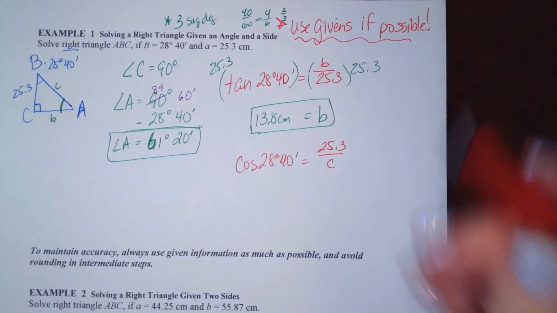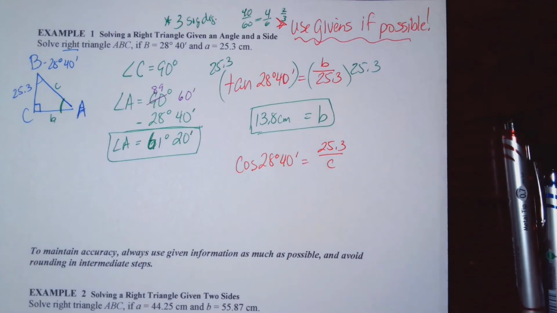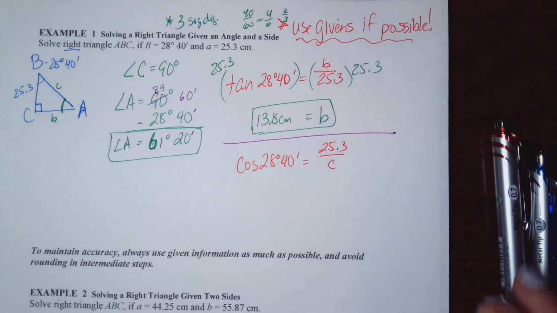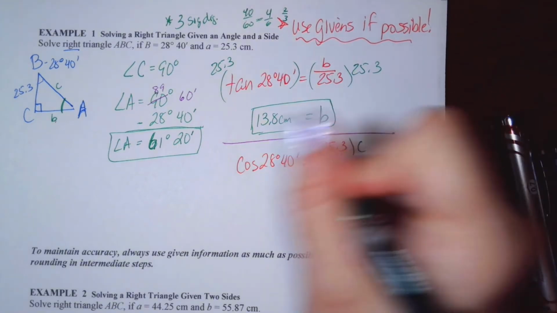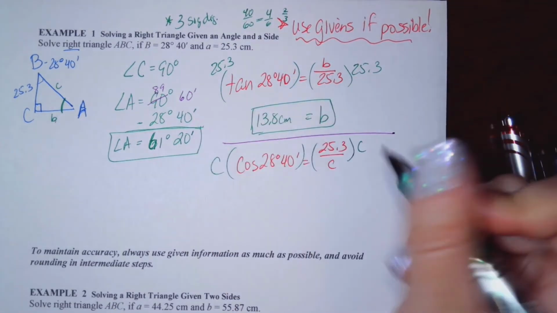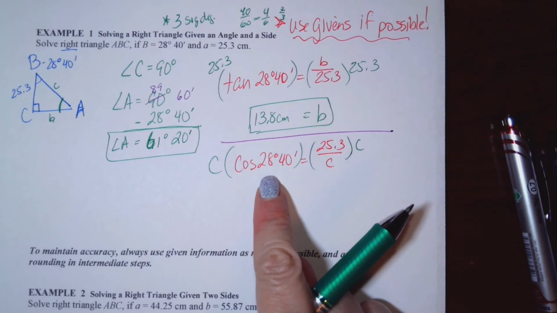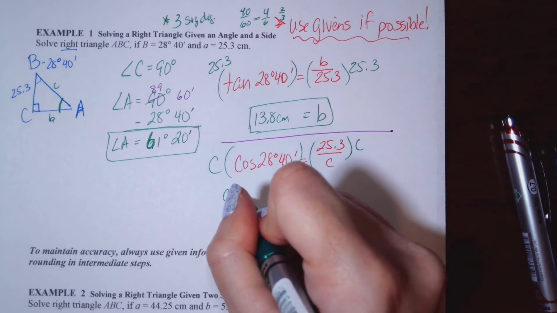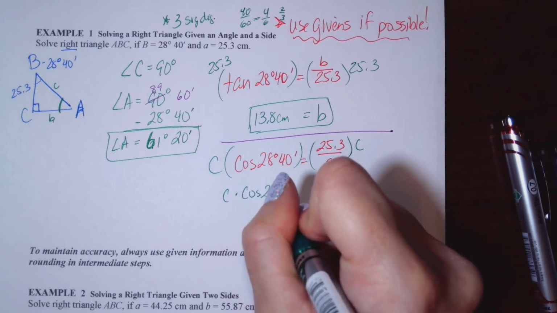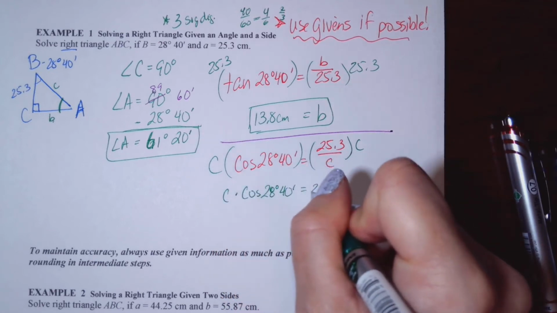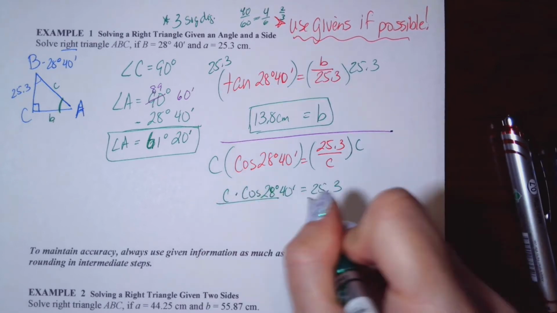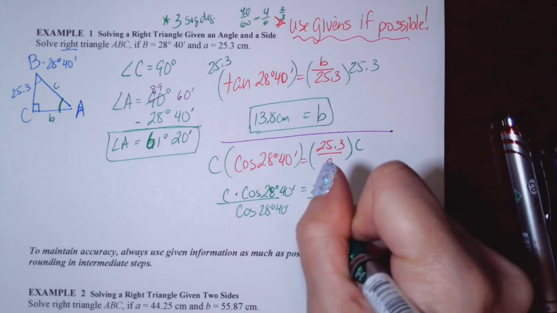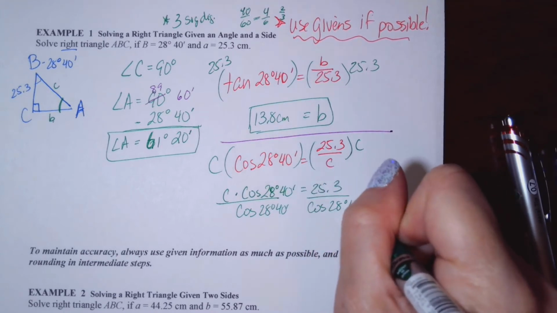Now this time I have to rearrange a little bit more. I need to solve for C. I'll multiply both sides by C, and then I'm going to need to divide out this cosine, so that I've got C times cosine of 28 degrees 40 minutes is equal to 25.3. I'm going to divide both sides by that cosine. Right?